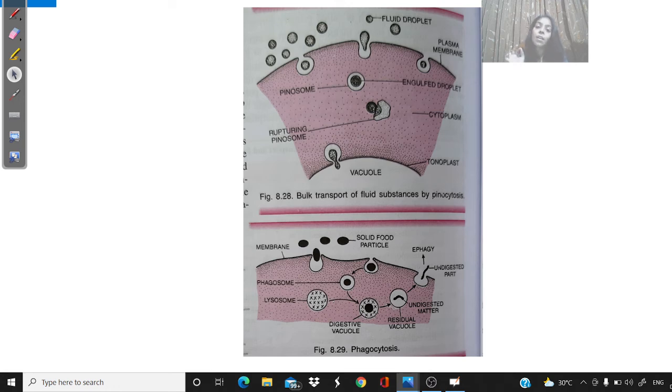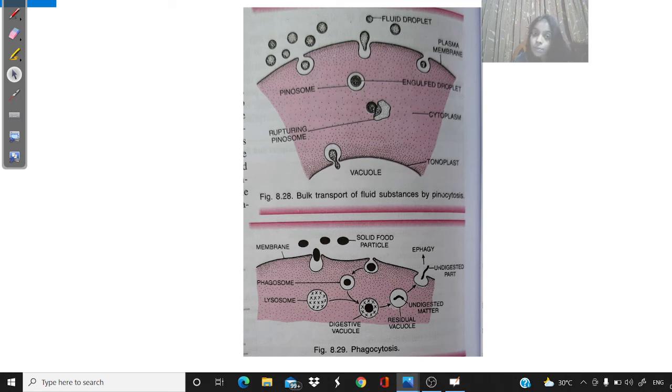Lysosome is a cell organelle which helps the cell to destroy germs or to destroy itself when the cell cannot deliver its functions properly. So the phagosome will fuse with the lysosome and will form a phagolysosome.